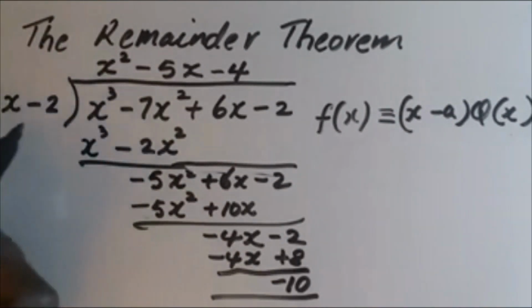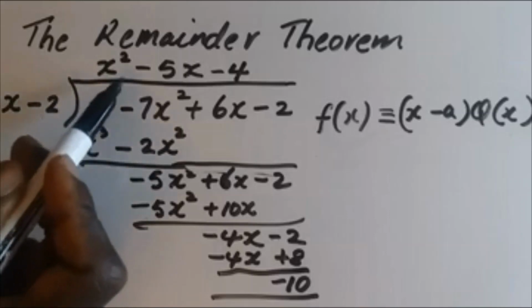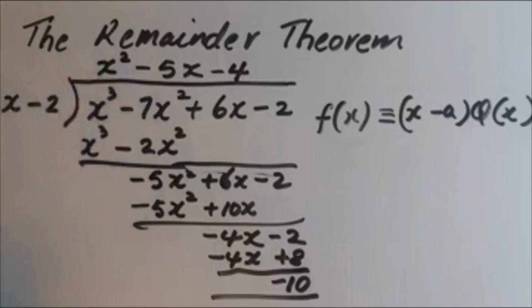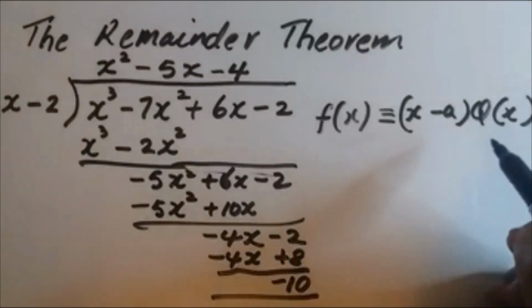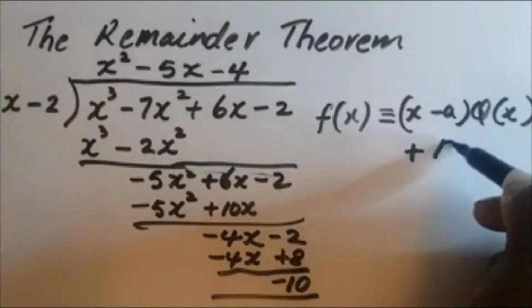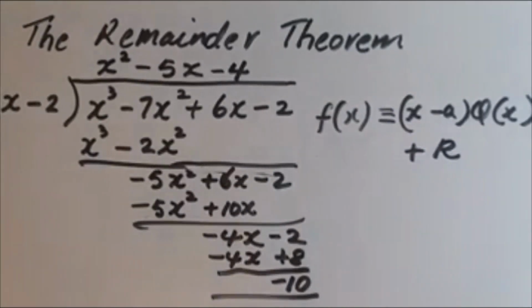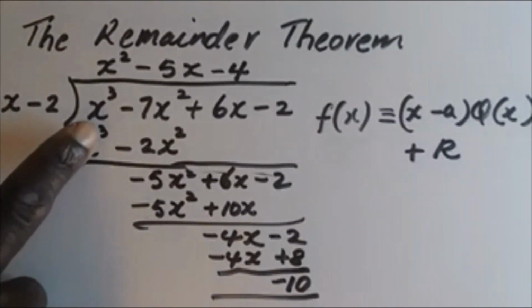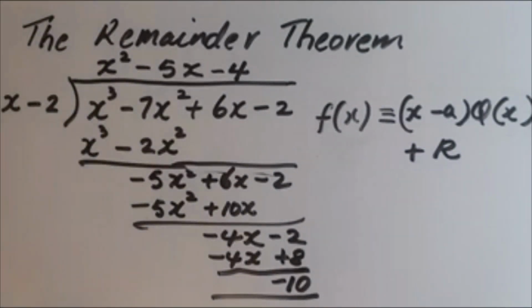So that's the divisor here, multiplied by the quotient, and we have a remainder, which is r. And if we add r, then we'll get back to the polynomial that we started with, x cubed minus 7x squared add 6x minus 2.